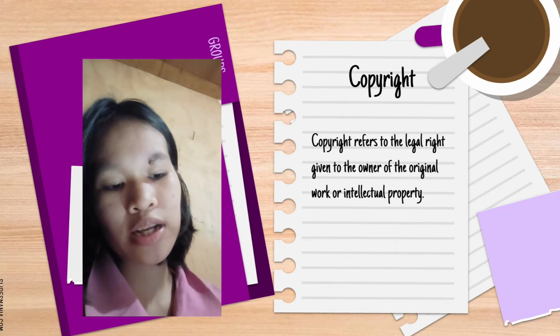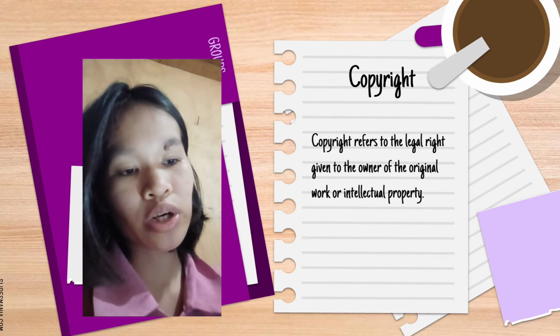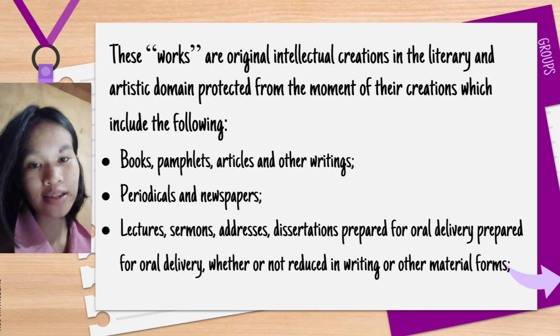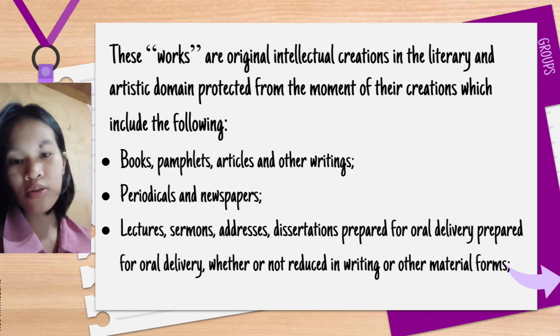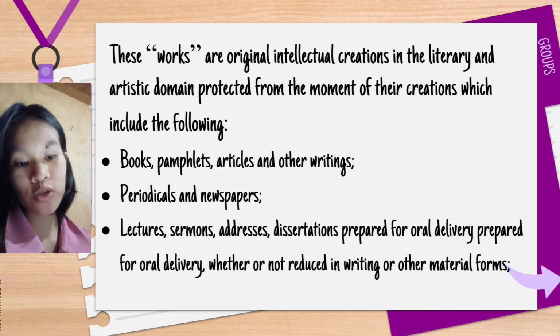Copyright refers to the legal right given to the owner of an original work or intellectual property. These works are original intellectual creations in the literary and artistic domains protected from the moment of their creation, which include the following. First, books, pamphlets, articles, and other writings. Second, periodicals and newspapers.